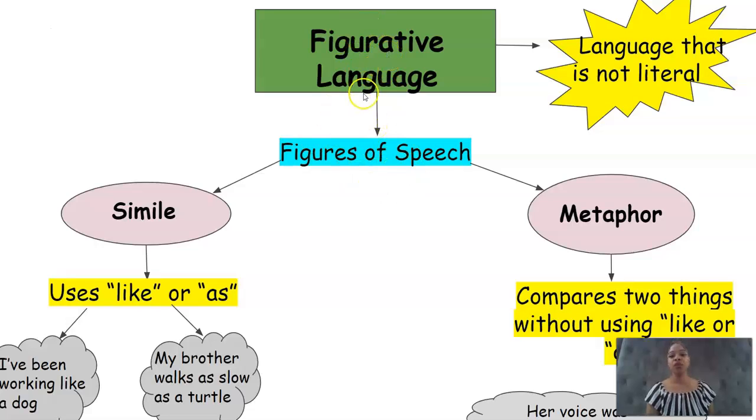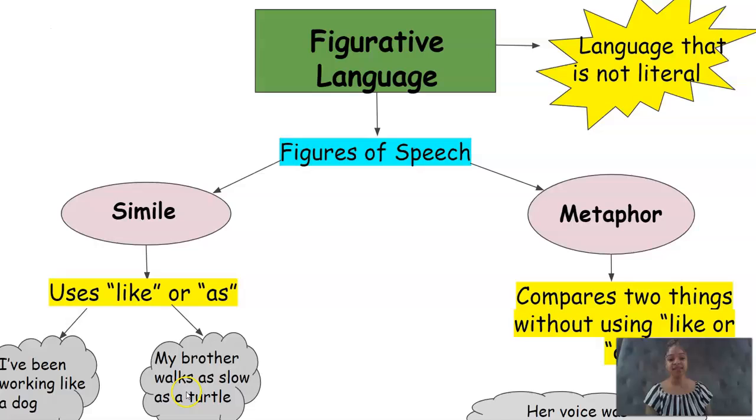Okay, and so figurative language. There are figures of speech in figurative language, and the two things that we learn, simile and metaphor, are figures of speech. A simile. Remember that a simile uses like or as. So it compares two things using like or as. So here's an example. I've been working like a dog.